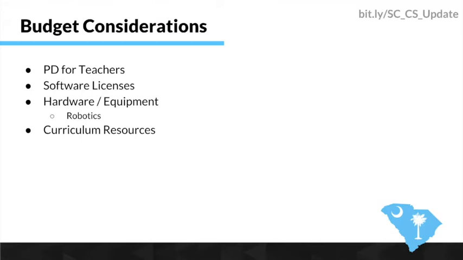Now, that's an added expense. But there are physical computing resources out there that start at $15 to $16 a kit. So there are definitely opportunities to save money or to spend as much as you want. One other thing to think about right now specifically is professional development.